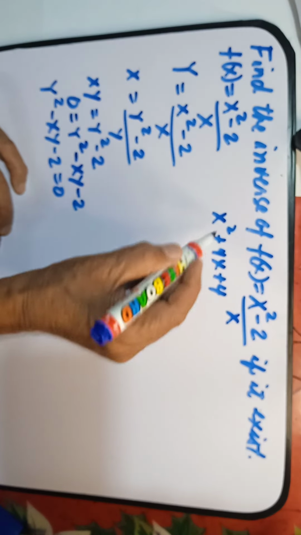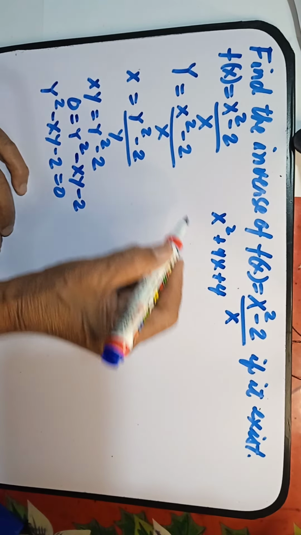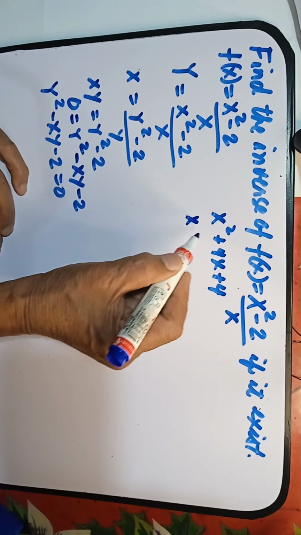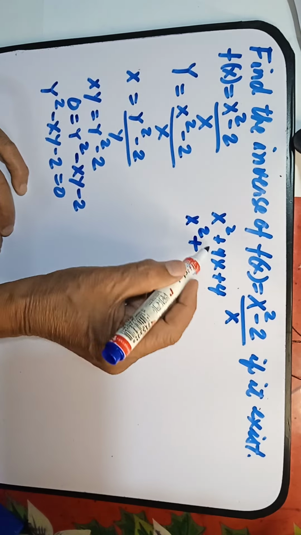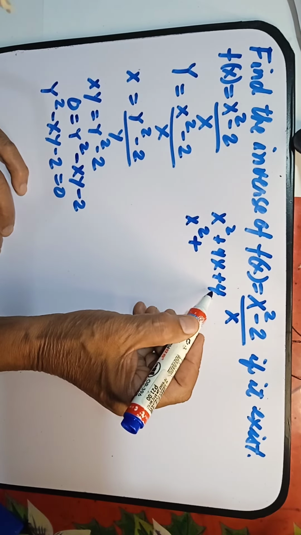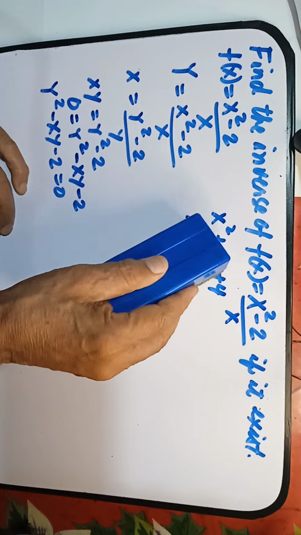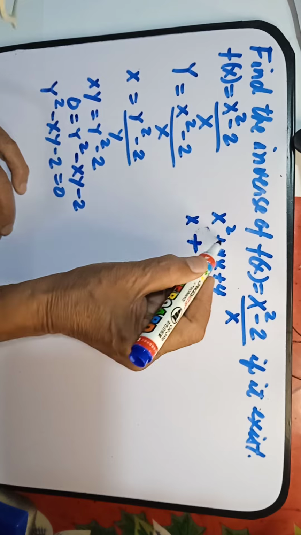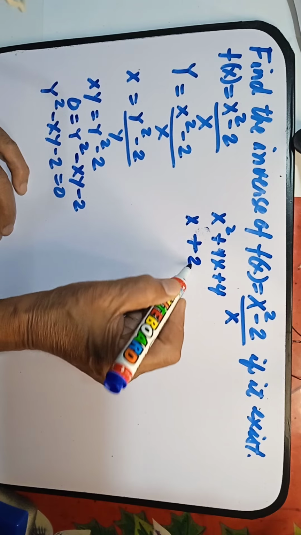For example, this one is a perfect square. We can get the square root by getting the square root of x square, then adopt the sign of the b. This is b, and get the square root also of 4. That is 2. The square root of x square is x. Then use the sign of b, and the square root of 4 is 2.